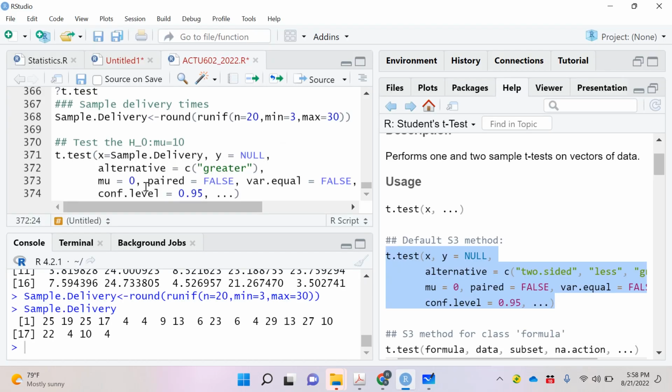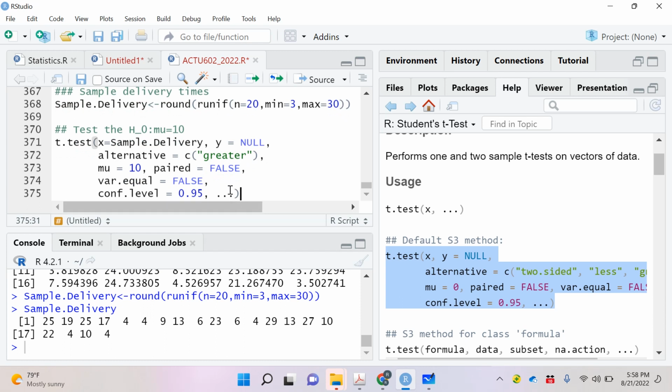Okay, and mu here should be 10, right? Paired is false, because you have one sample, so the pair cannot be true. And var.equal is also false because it's one sample.